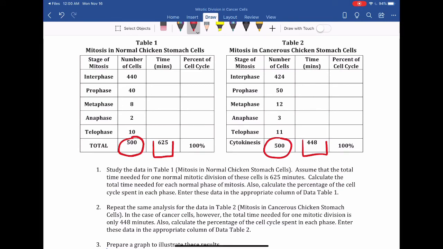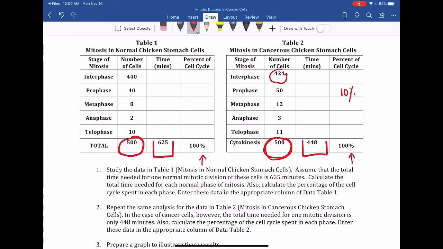So what you have to do here is you have to fill out the rest of the table. So you'll have to figure out what percent of the time they spent in, you'll do this column first, okay? And so you'll do 424 out of 500, and get it as a percent. And then what percent that is going to be. 50 out of 500, and that would be 10%.